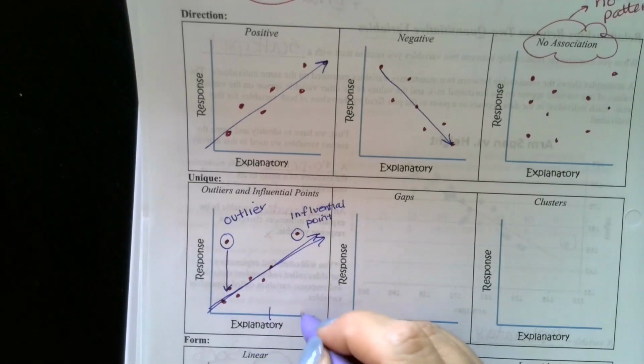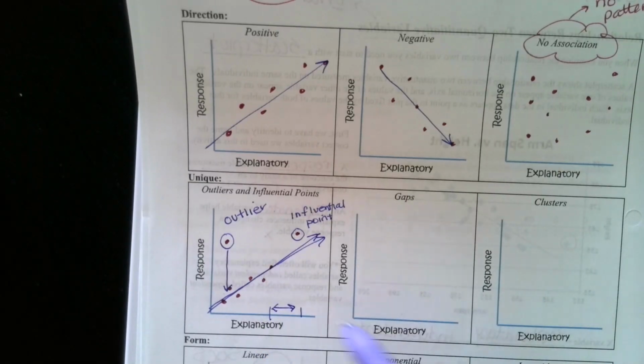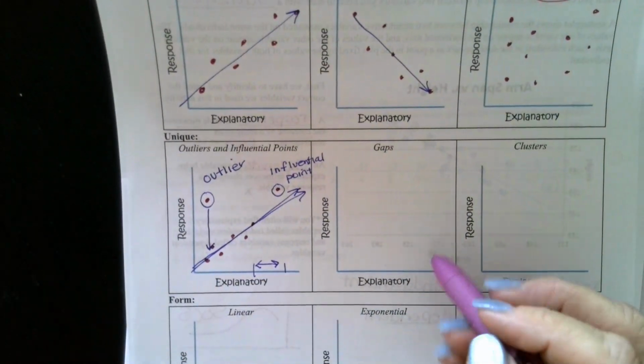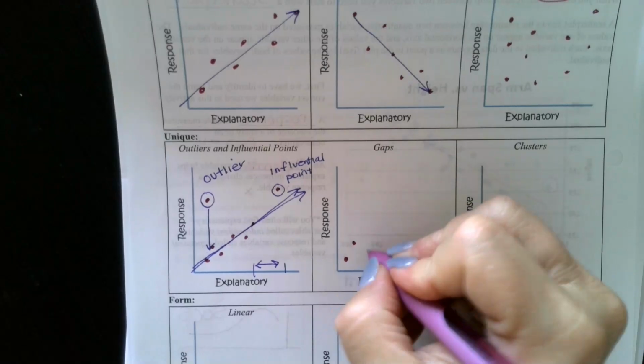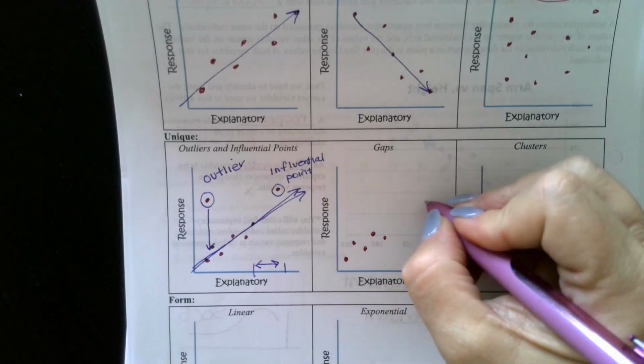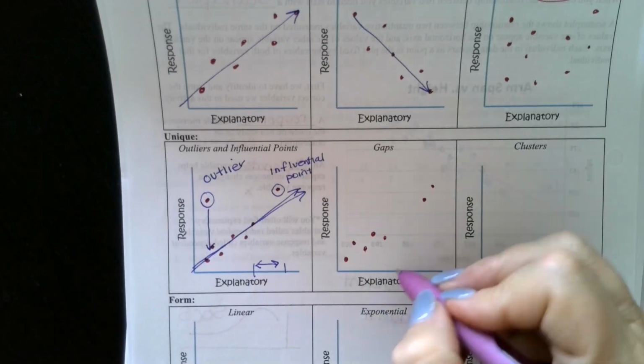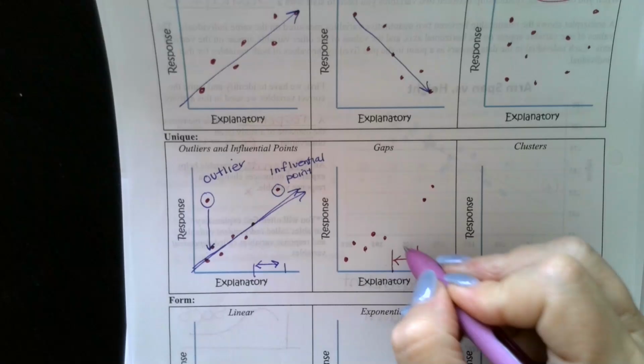So if you look on this x-axis, this data is farther apart, but it is not completely off the line, okay? We might have gaps, just like we would have in a histogram. So we would have some data that's here, and then all of a sudden we have data that's up here. So that could be something that would be a gap. So we see this gap right here where there's no data.